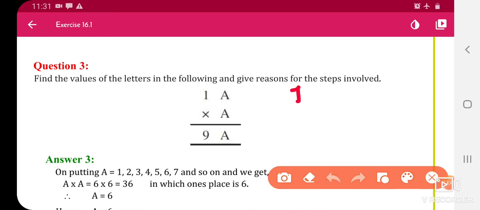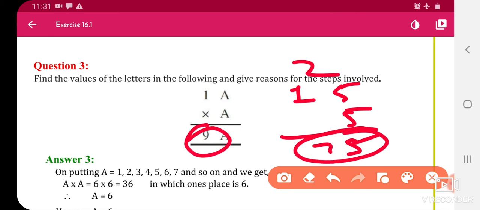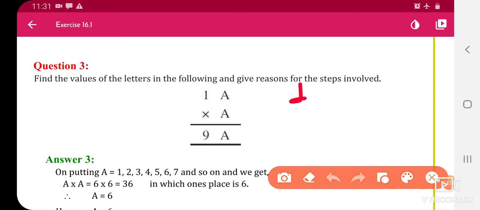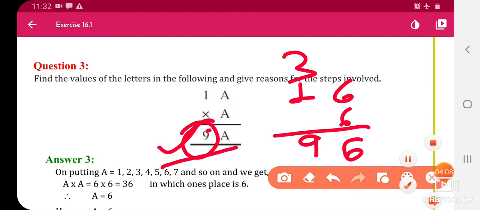And so on, when we put 5. Okay, so 5 5s are 25. Carry 2. 5 1s are 5, 6, 7. This is not our answer because we need a 9 here. When we put here 6, okay, so 6 6s are 36, carry 3, 6 1s are 6 and 3 is 9. So this is our correct answer because 9 is already given in the result of the product.